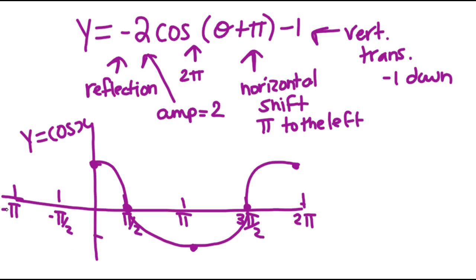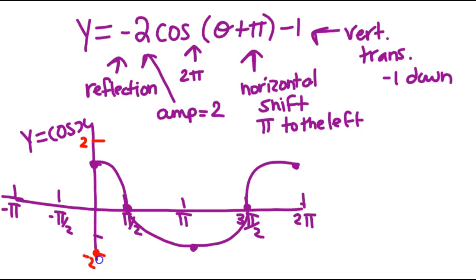Okay, so now we have to keep in mind this is going to open down. It's going to have an amplitude of 2, and we're shifting it pi over. So let's just do these first two things first. A -2. Make the amplitude 2, and starting down below, so our amp is 2, -2.